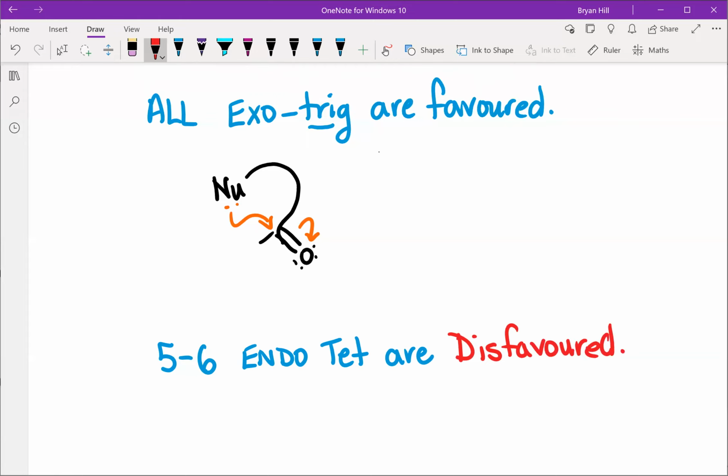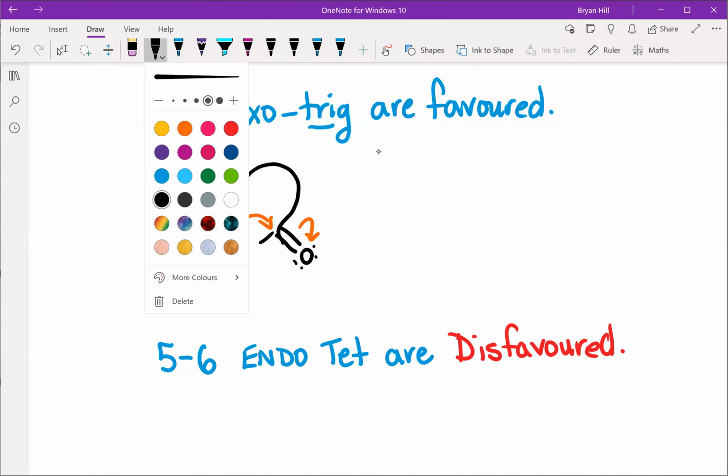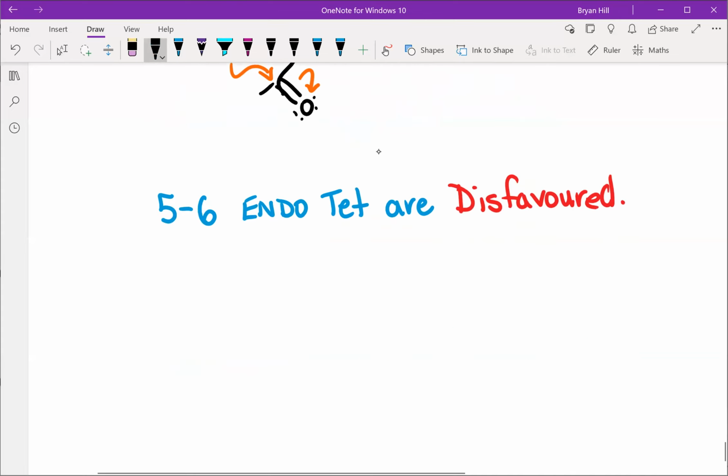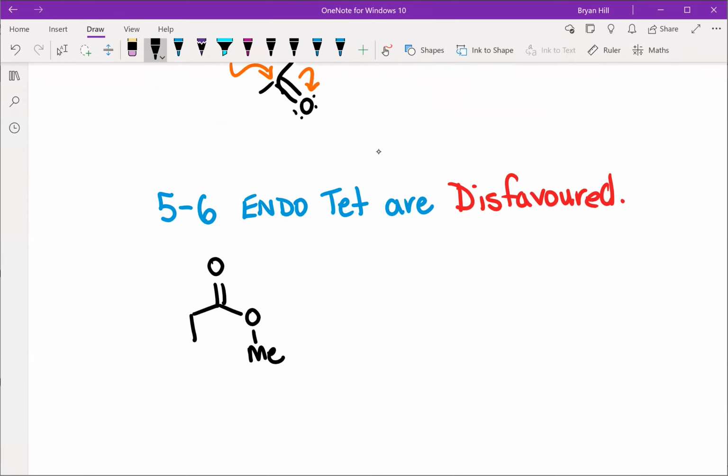So how could we have this? Here's an example. So if we've got, for example, one, two, three, four, five.